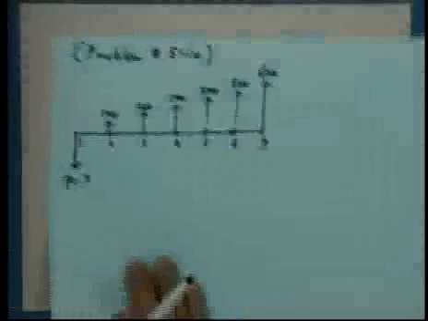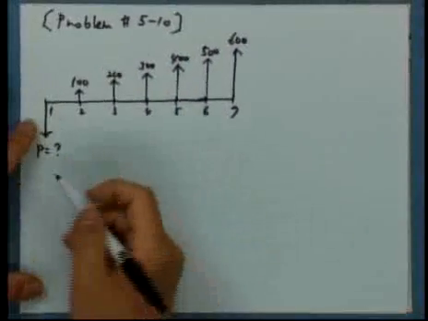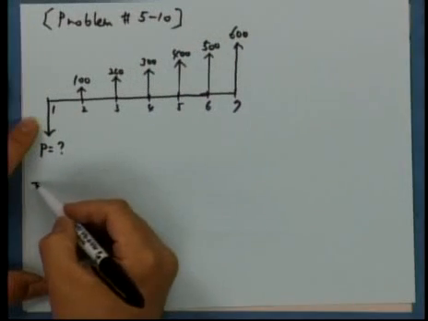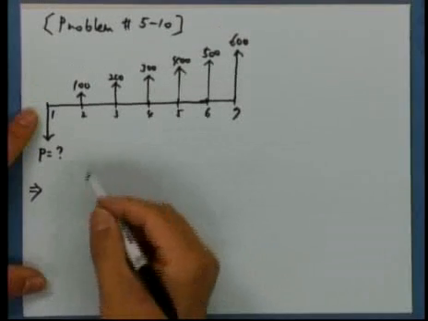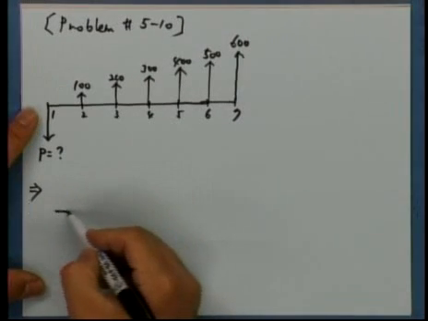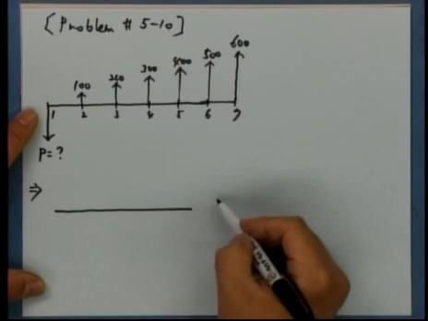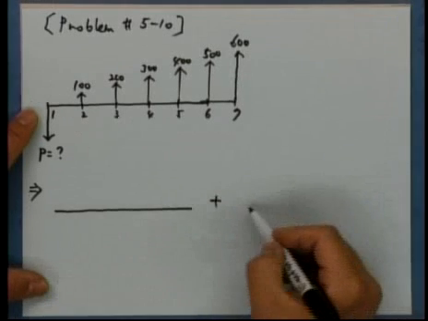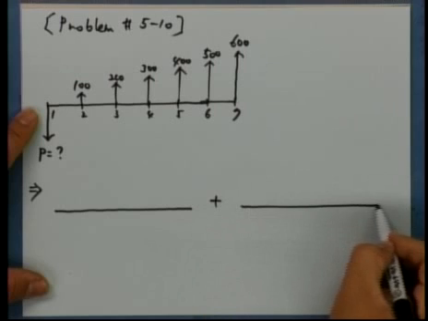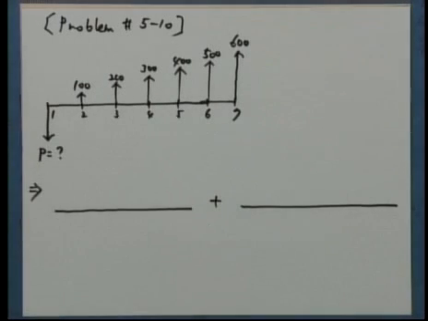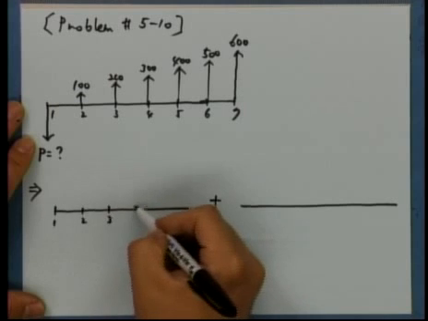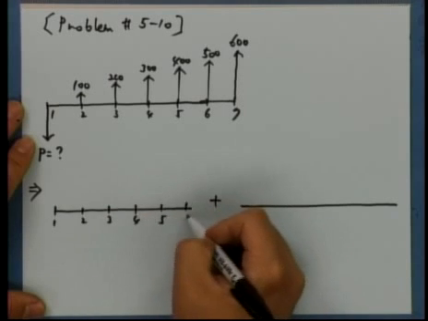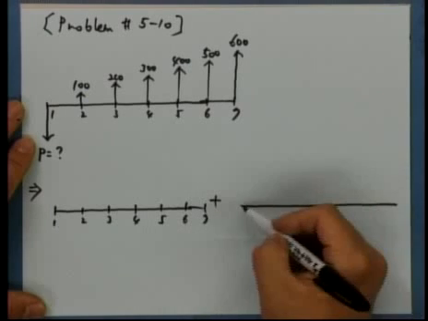So this cash flow diagram can be broken into two components. One for the uniform series and another for arithmetic gradient series. 1, 2, 3, 4, 5, 6, and 7.